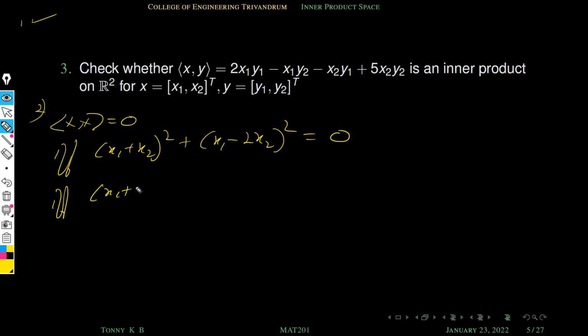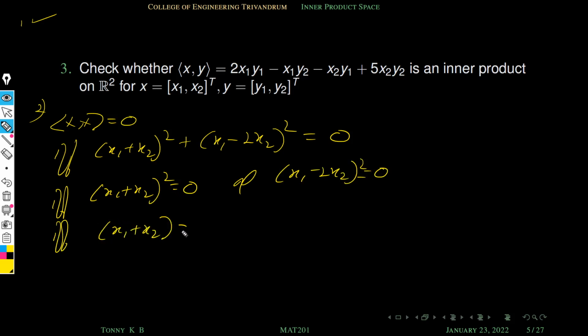That means (x1 plus x2) square equal to 0 and (x1 minus 2x2) square equal to 0. And again, a square equal to 0 only when a equal to 0. That means x1 plus x2 equal to 0 and x1 minus 2x2 equal to 0. Now we have two linear equations. You can solve them.